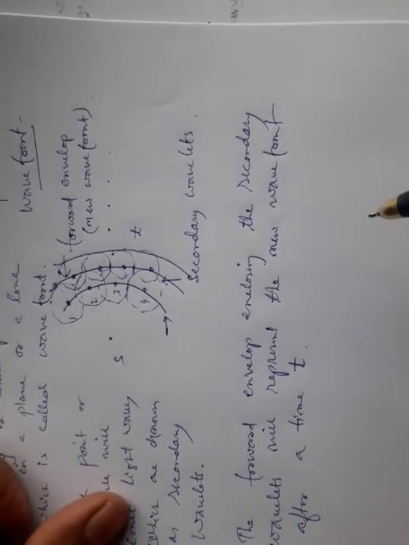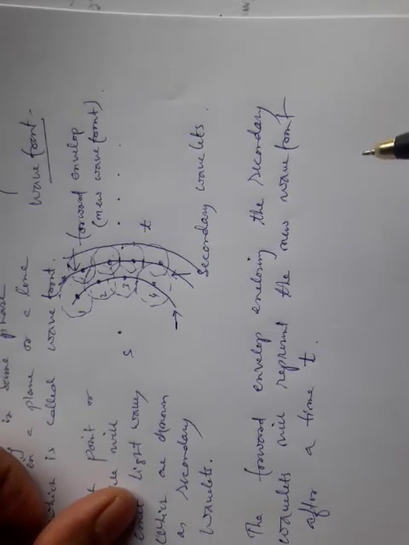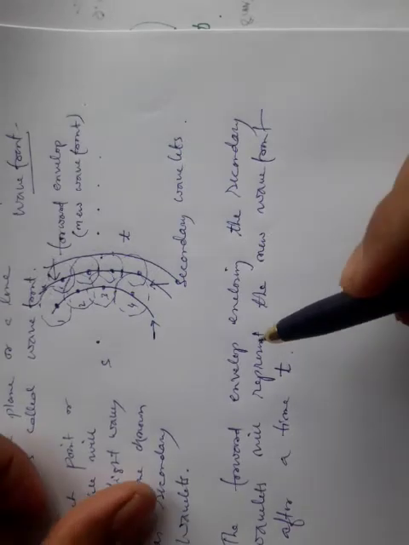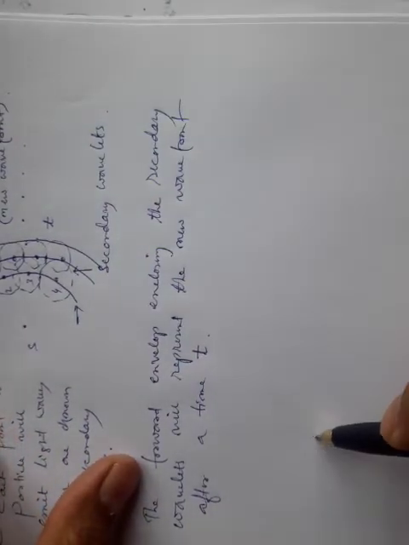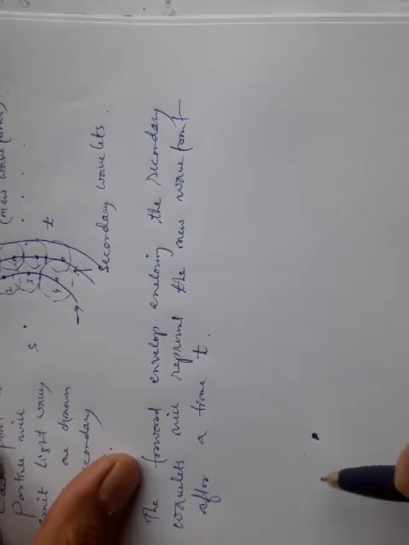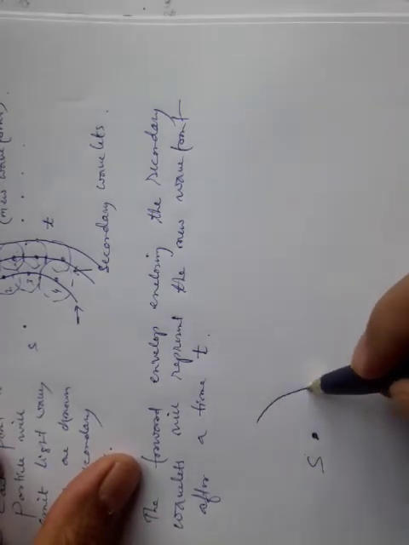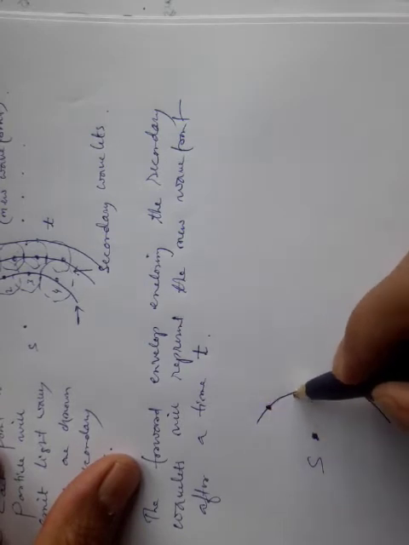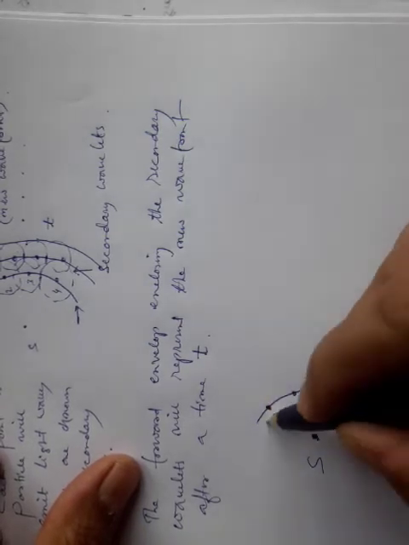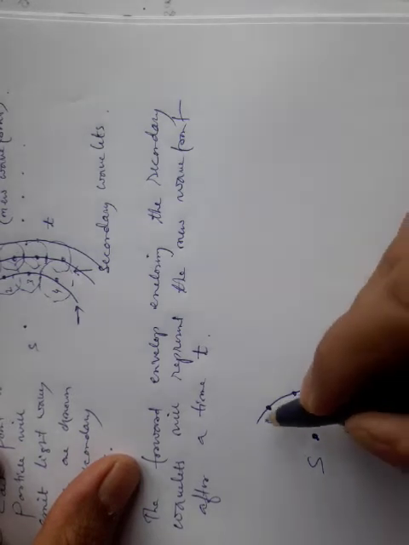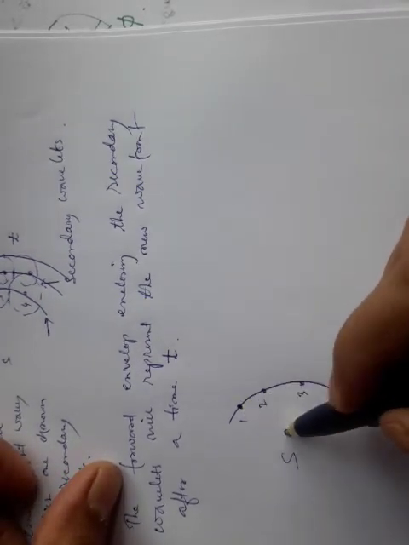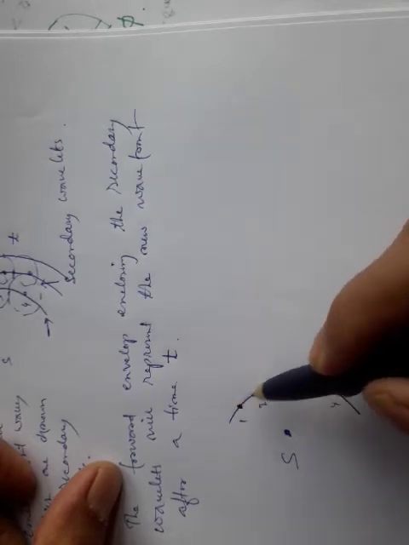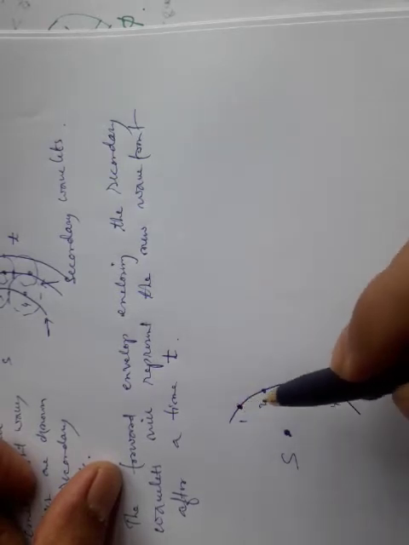I will send you a separate note, or you can just copy it down from here also. So in simple language, I repeat again: if there is a source of light, you draw a line, and on that line you find different particles, 1, 2, 3, 4. These particles will be equally distant from the source, and all must be vibrating in the same phase.